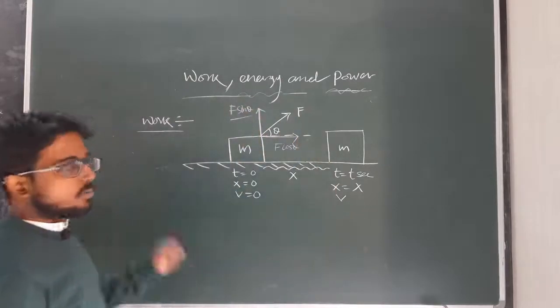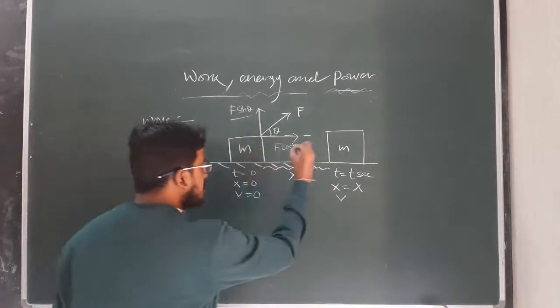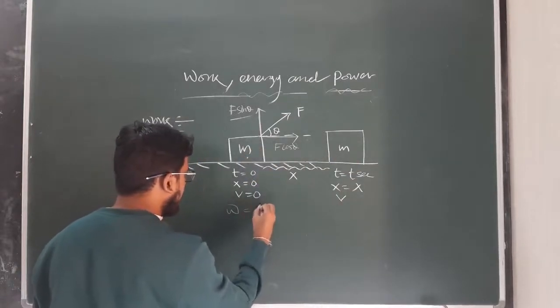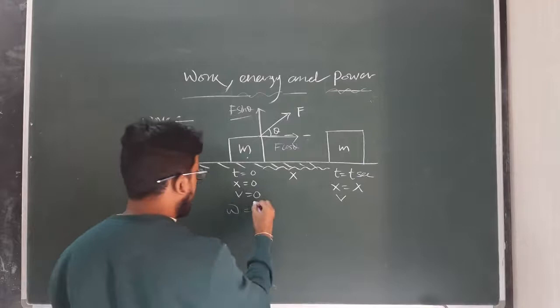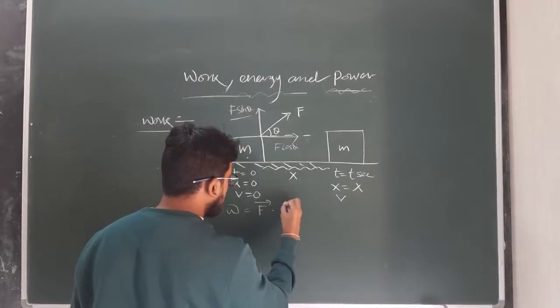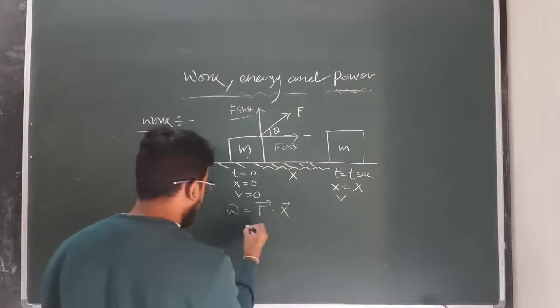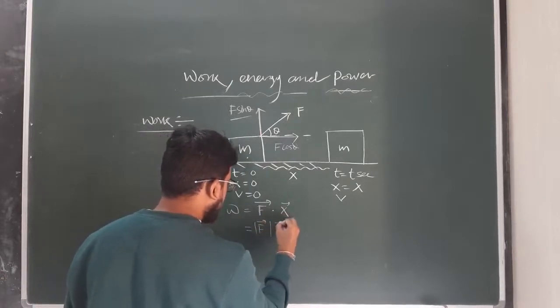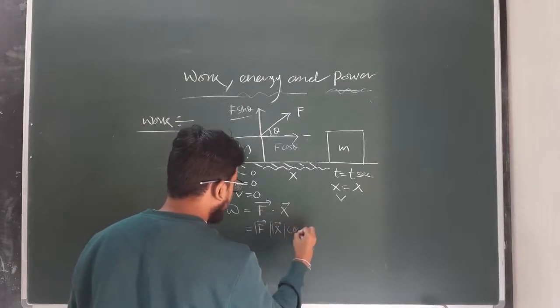Clear? So what is the work done by displacing this block from this point to this point? The work done W can be defined as the F vector dot the displacement vector x vector, or this can be written as |F||x| cos theta.